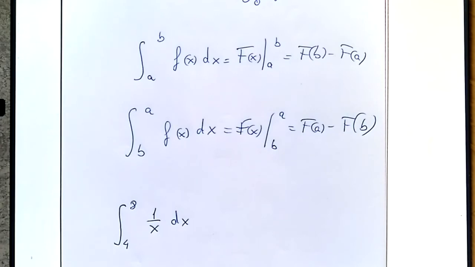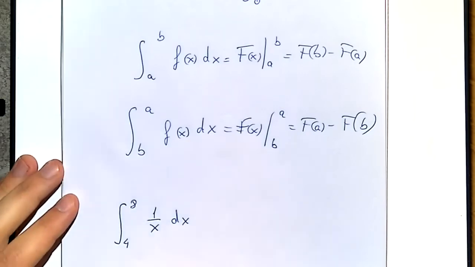First of all, what's the first step? When you have a definite integral or an indefinite integral, the first step is getting the antiderivative, the primitive, whatever you want to call it. They're more or less interchangeable.